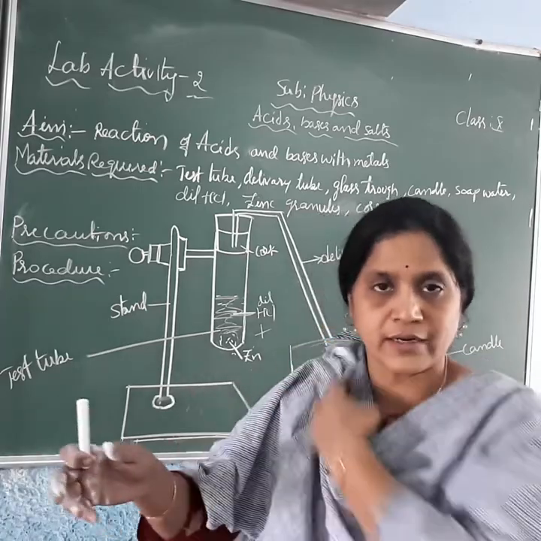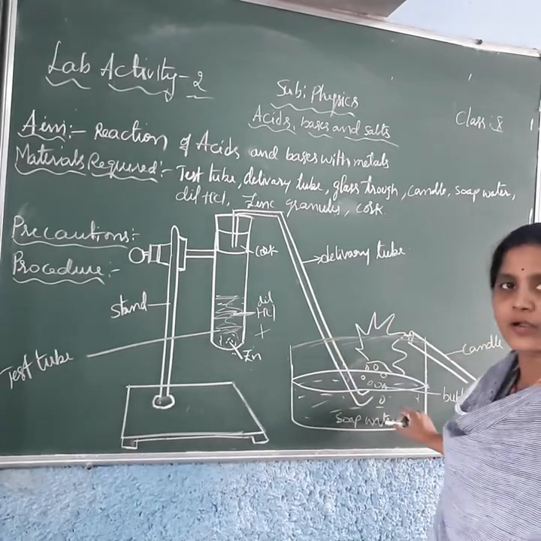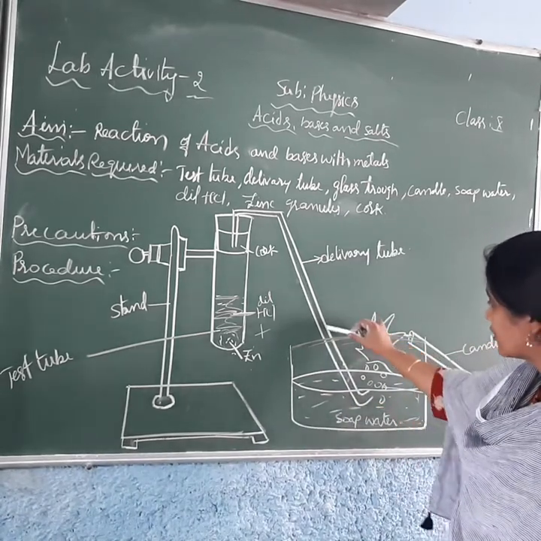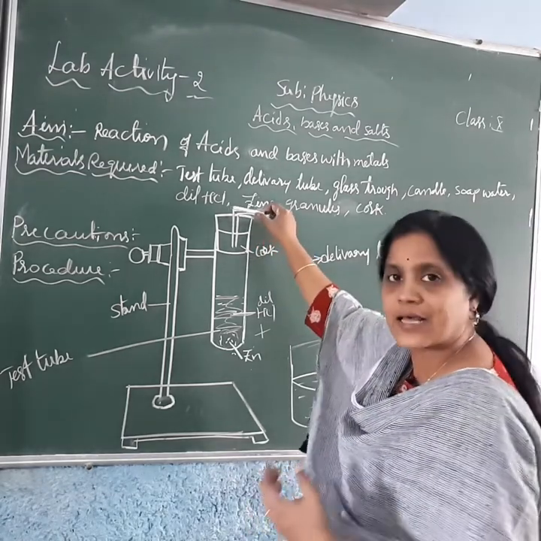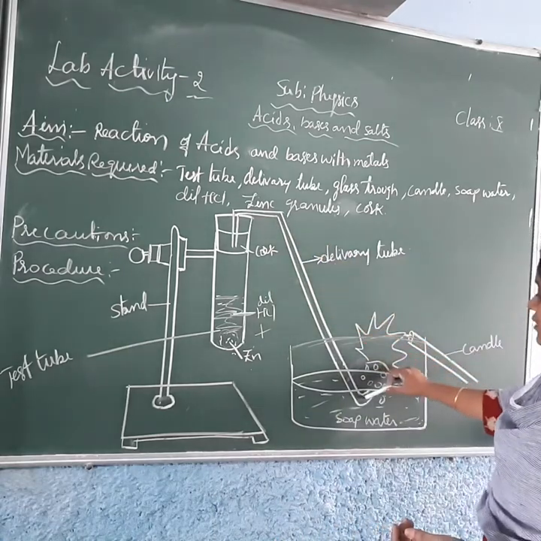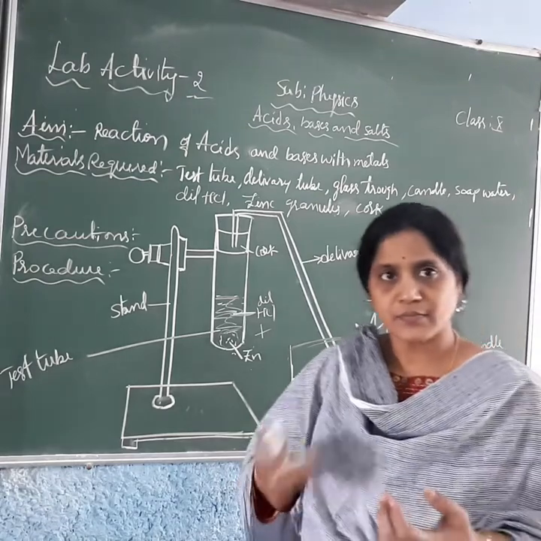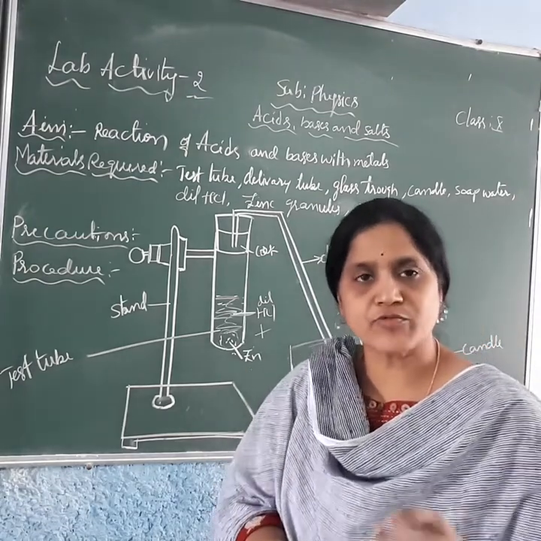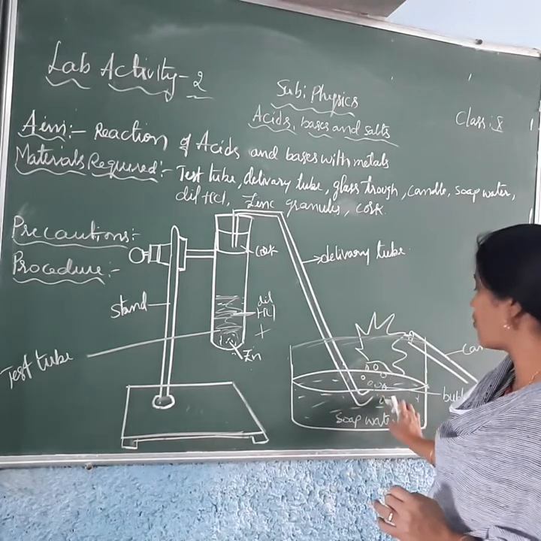The delivery tube should be kept like this, and the gases they are evolving pass through this delivery tube and come out. After a few minutes, when the reaction takes place, you can notice bubbles forming in this soap water.